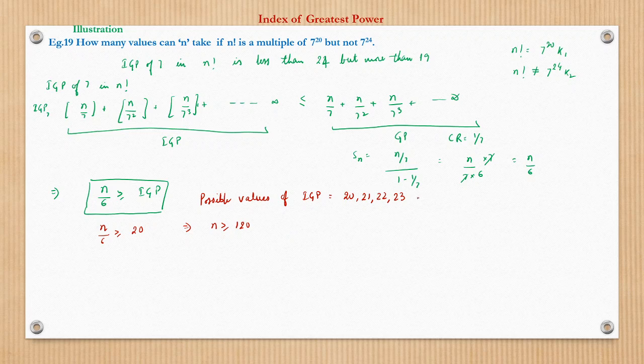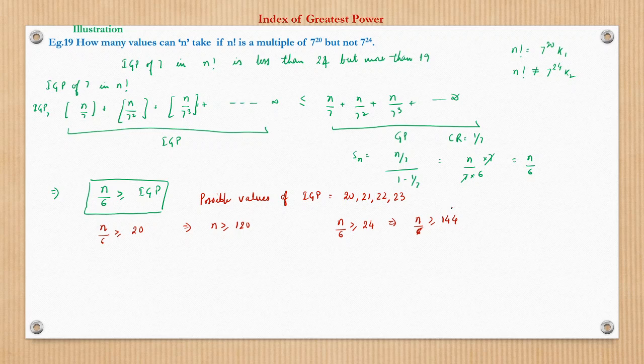However, IGP should not be 24 or more, right? So n by 6 greater than equal to 24 gives n greater than equal to 144.